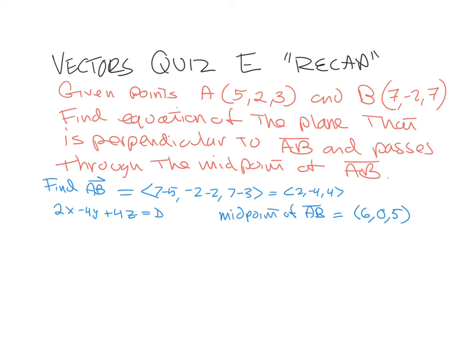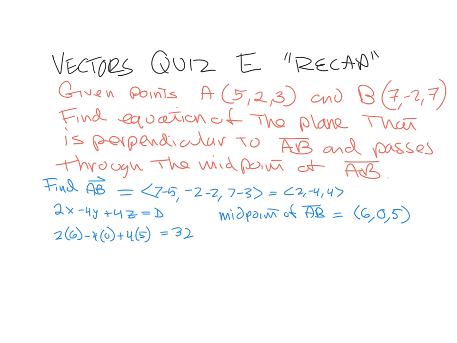Okay, so now we've got the coordinates of a 3D point that's in this plane, and we have the beginnings of an equation for the plane. So we know that this point has to work in this equation, and we can use that to figure out what D is. So let's substitute these coordinates in for x, y, and z and see what we get. 2 times 6 minus 4 times 0 plus 4 times 5 equals 32.